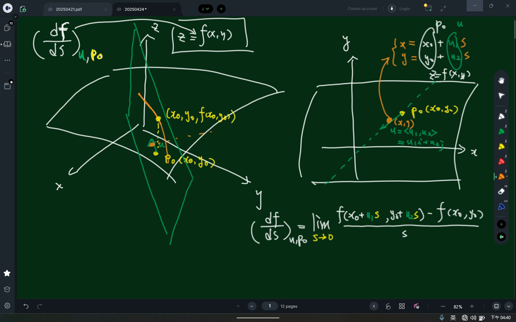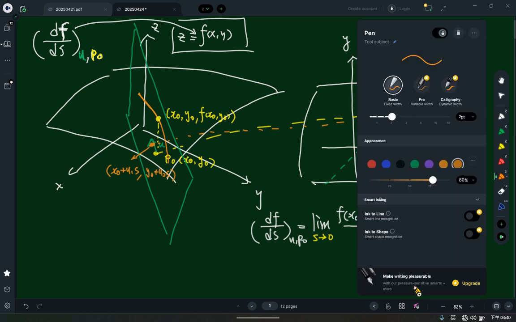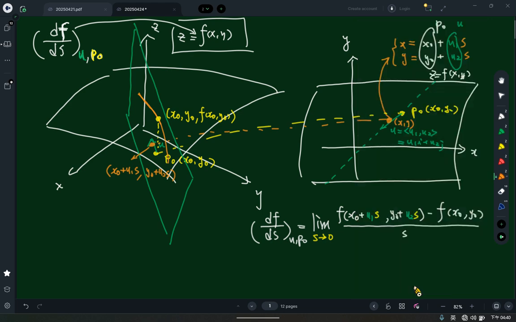So this point is just like this point, right? Then this point will be S0 plus U1S, comma, Y0 plus U2S, by using the parametric equations. So this point can also be mapped to another point.